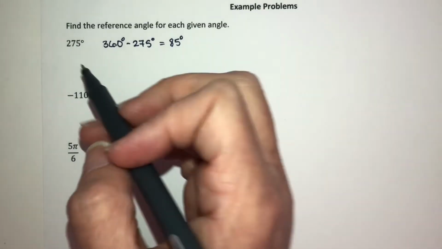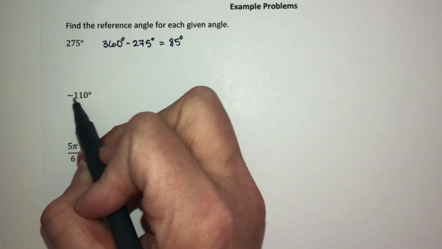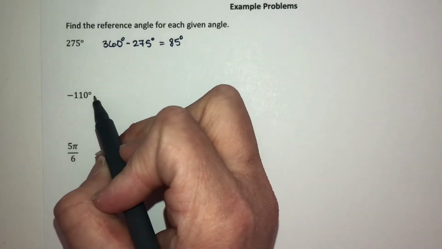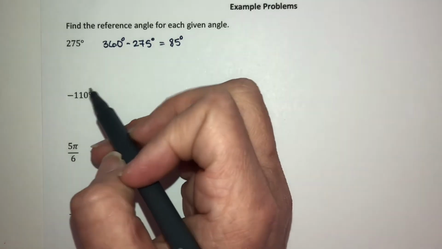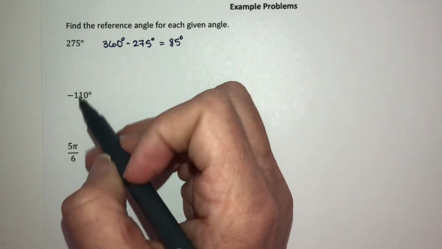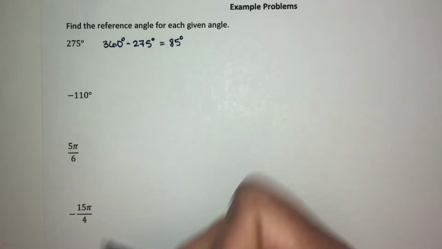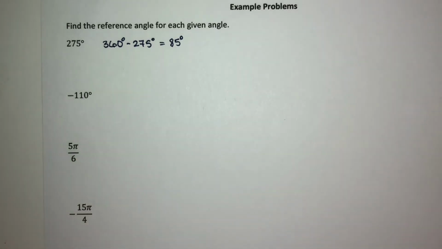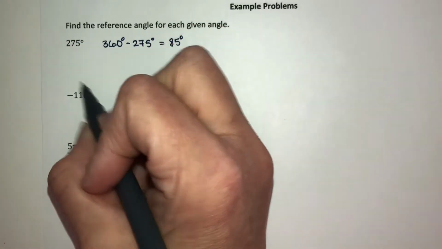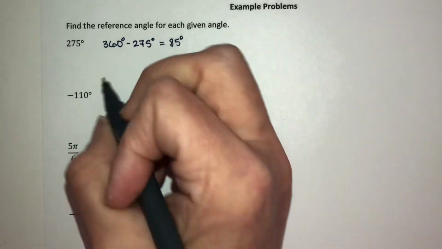Now, here I have negative 110 degrees. I strongly suggest that you change a negative angle into a coterminal angle that is between 0 and 360 if you're in degrees, or 0 and 2 pi if you are in radians. It is going to make it much easier to do. So how do we do this? We add 360.